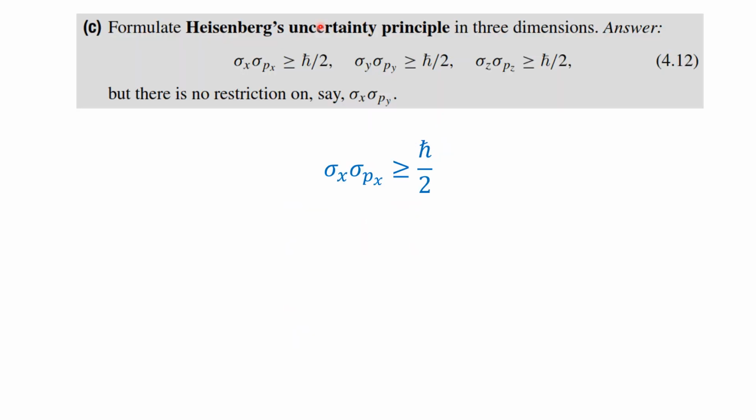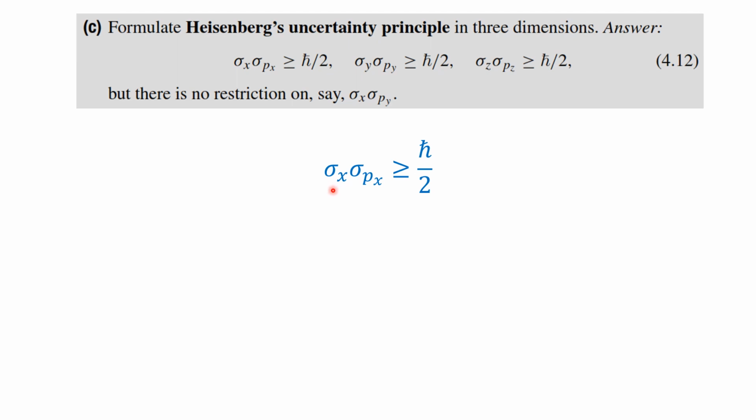In the third part, we have to formulate the Heisenberg uncertainty principle. According to the Heisenberg uncertainty principle, sigma x into sigma p x is equal to or greater than h cross by 2. Here I would like to spend some time. You cannot measure position and momentum to arbitrary accuracy along the same direction. That is, momentum along the x direction and x cannot be measured accurately simultaneously.